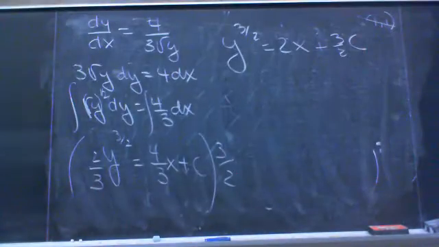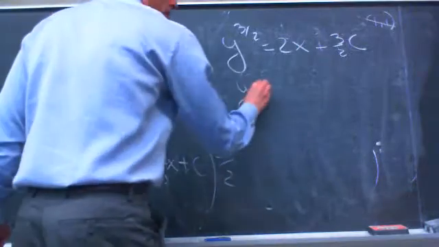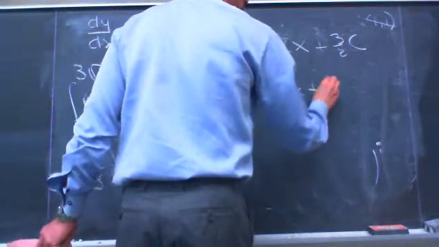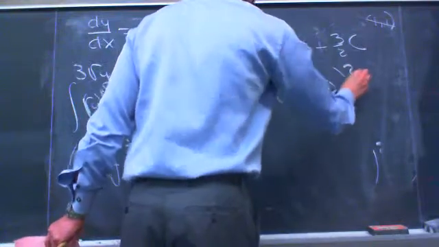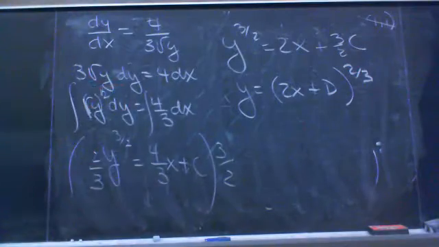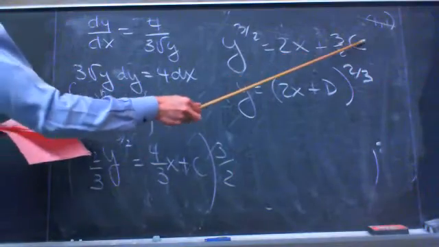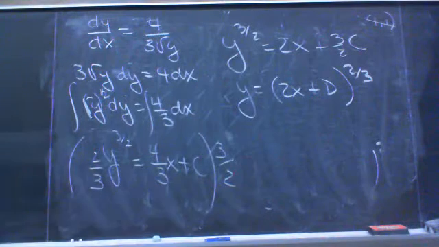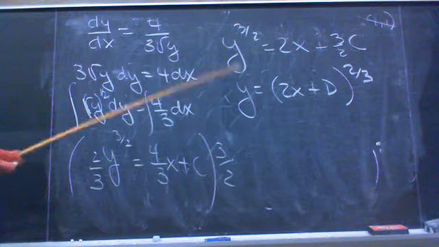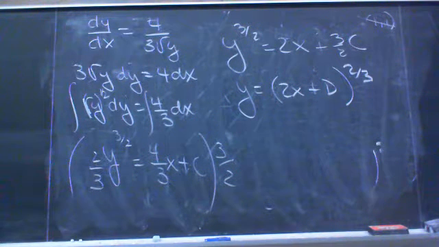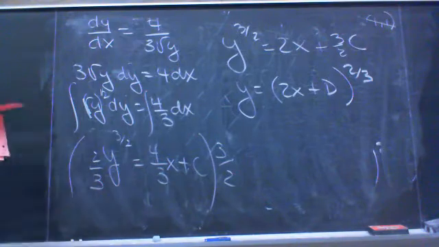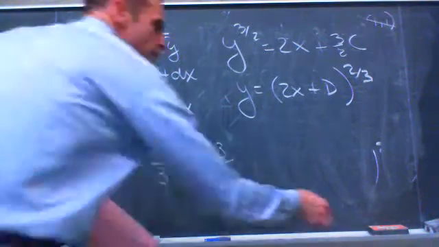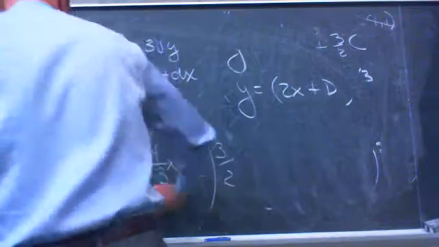You undo the power of 3/2 by the 2/3, so the general solution would look like this. You can call this right here a whole new constant, d, if you wanted to, or c1. But that would be the general solution to this differential equation. We could find the particular if we were given an initial value. All right. Next.